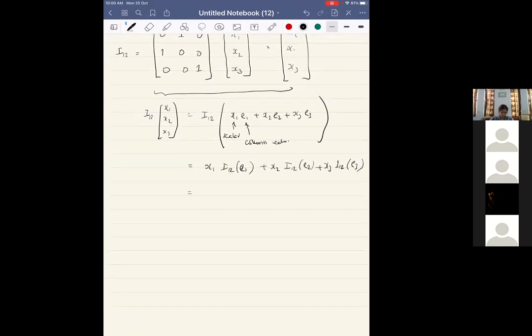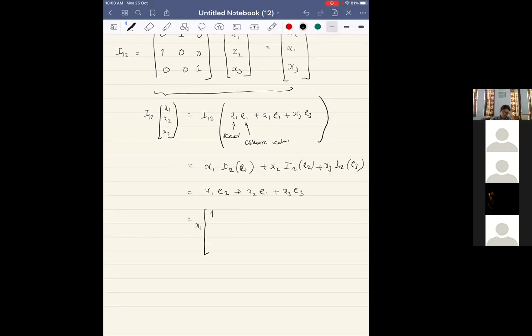But we know what I12 does to E1, it makes it E2. I12 acting on E2 gives you E1. And I12 acting on E3 gives me E3 back again. So what is this?